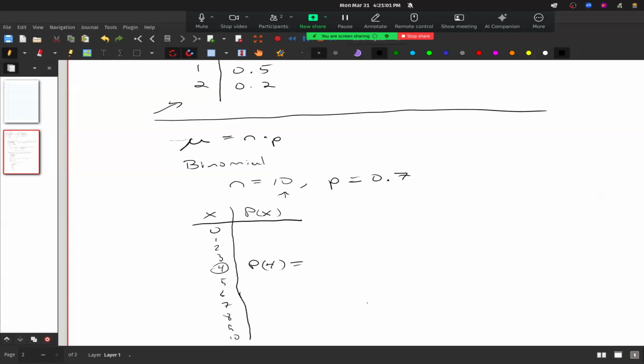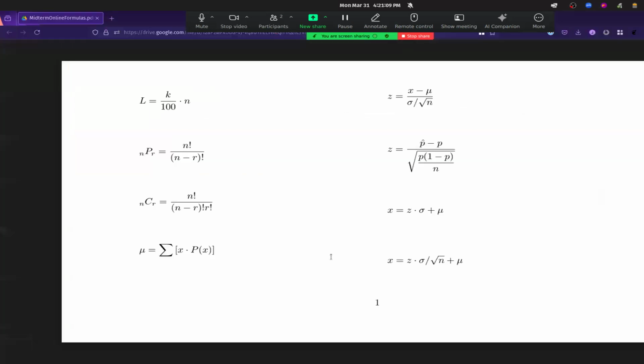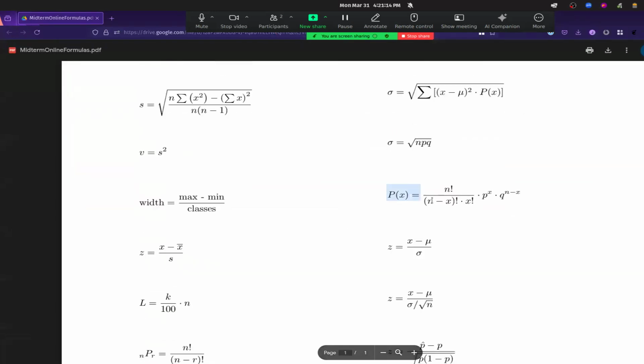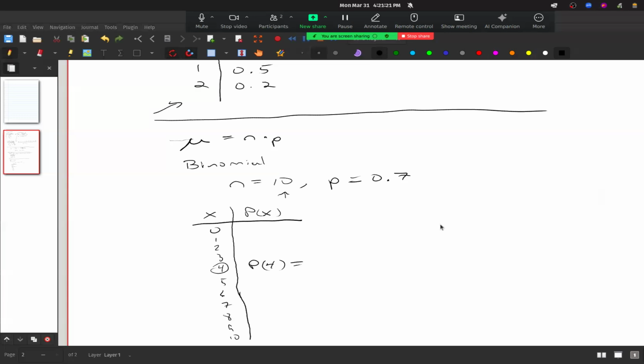You could use the binomial probability formula. I'll show you that on the formula sheet. It is this one here. You could use that probability formula to calculate each of these probabilities.